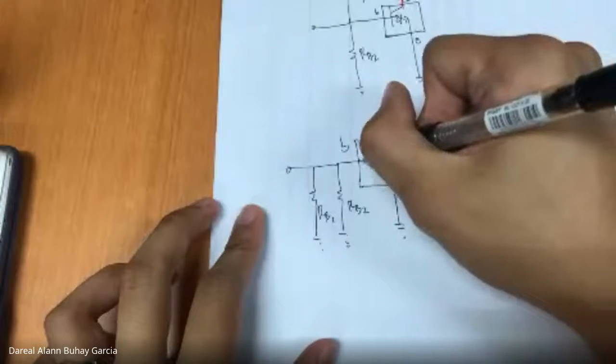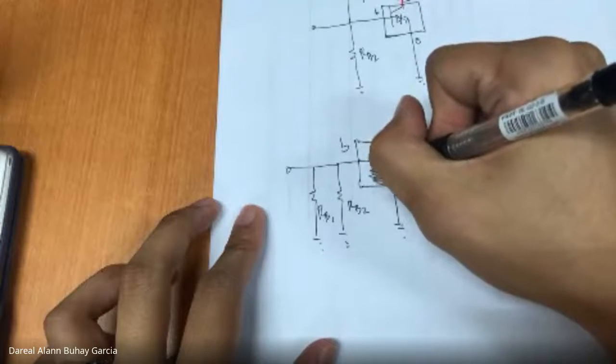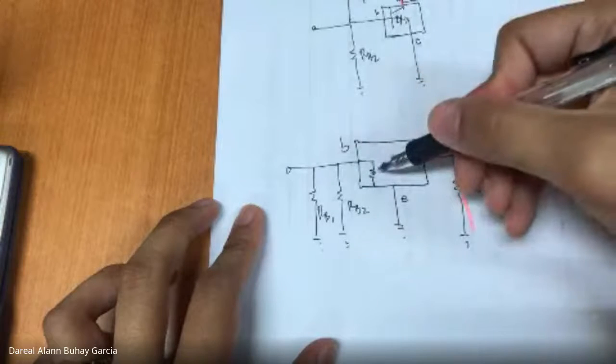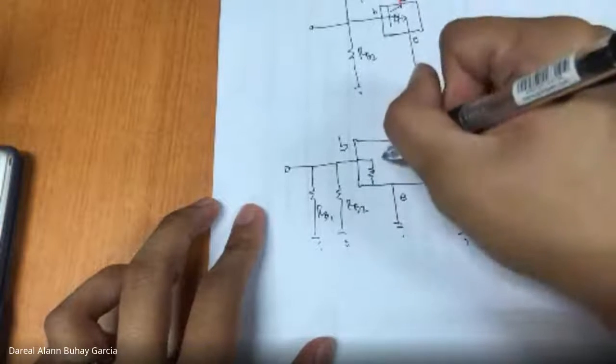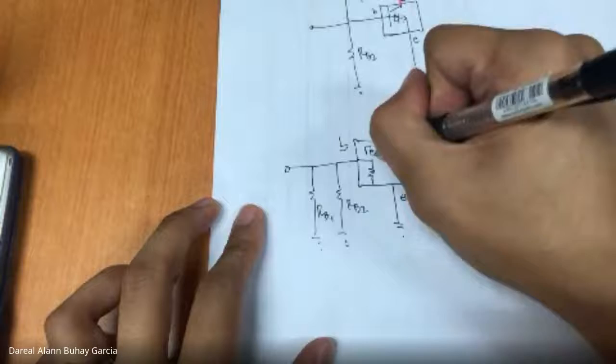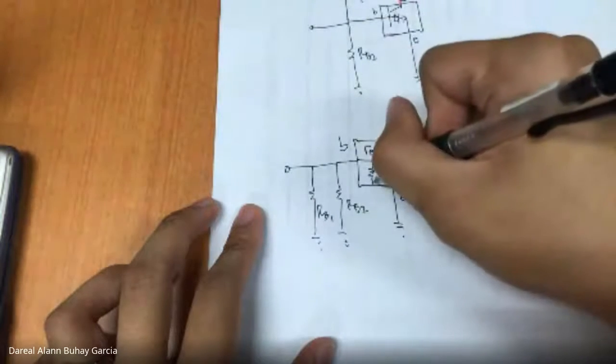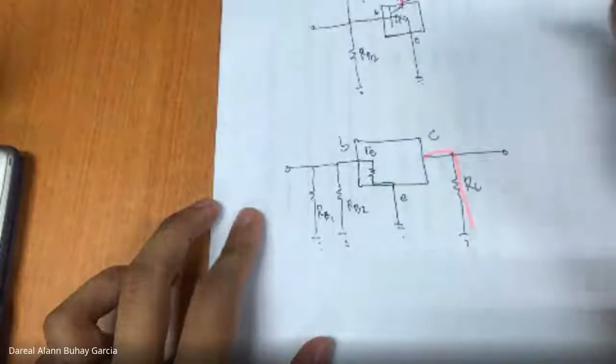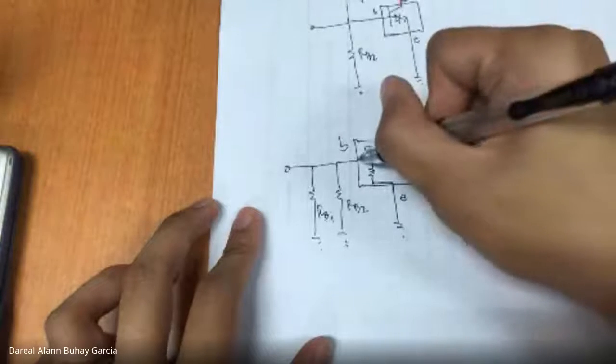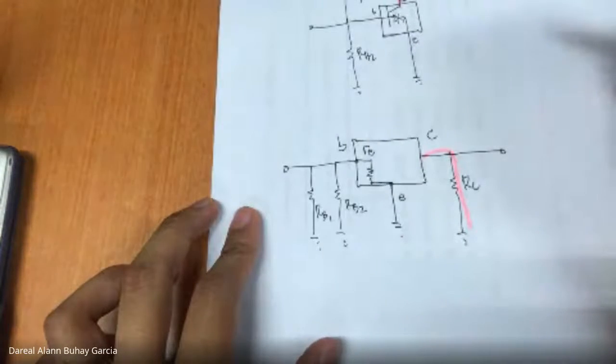So ilang gigamit, no, is a resistor, no. And this resistor is labeled as RE. So we use the RE model. Kaya mao siyang resistor between base and emitter.